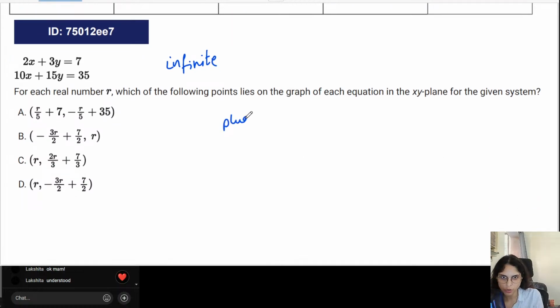Just plug the options. First, simpler options. So I'm not going to start with A. I'm going to start with B.